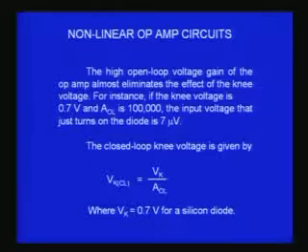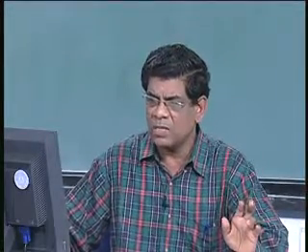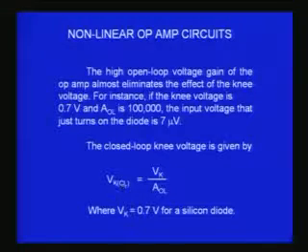If I have 0.7 volts as the cut-in voltage in the case of a normal silicon diode, then with an op amp the cut-in voltage for the closed loop will be Vk divided by AOL, where AOL is the open loop gain of the operational amplifier. So, Vk is about 0.7 volts normally, and AOL is 10 power 5, and therefore 0.7 by 10 power 5 is about 7 microvolts.